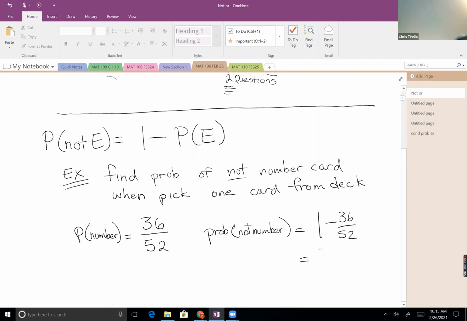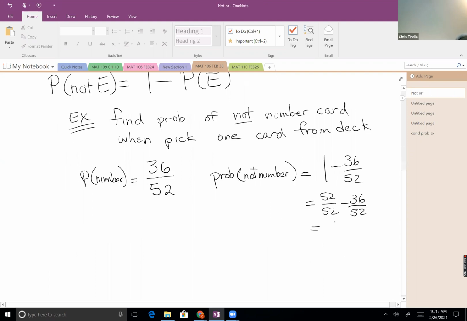We said if we think of that one as 52 over 52, we get 16 out of 52. And then dividing both of those numbers by 4, that would reduce to 4 13ths.